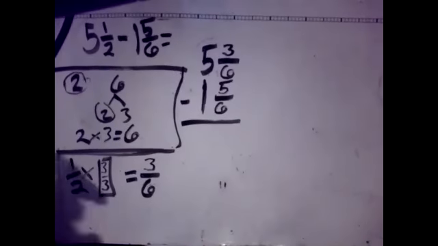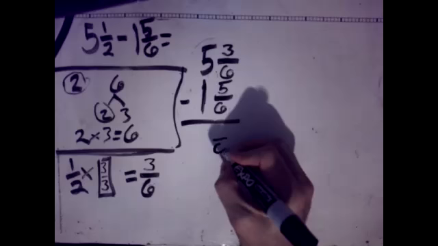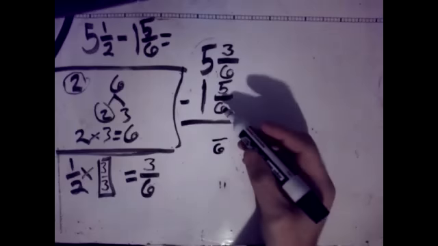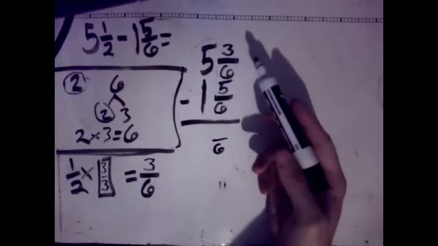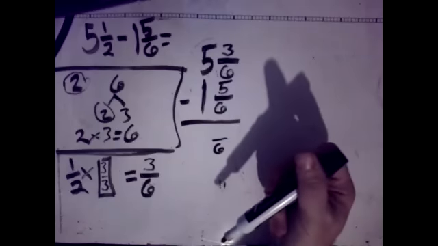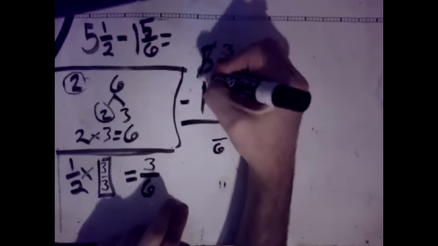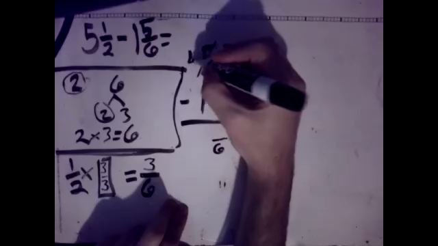But as you probably predicted, we now have a little bit of a problem. My answer is going to be in the 6ths. But I don't know how many yet because I cannot do 3 minus 5. So I am going to take my 5 wholes and make it 4 wholes.